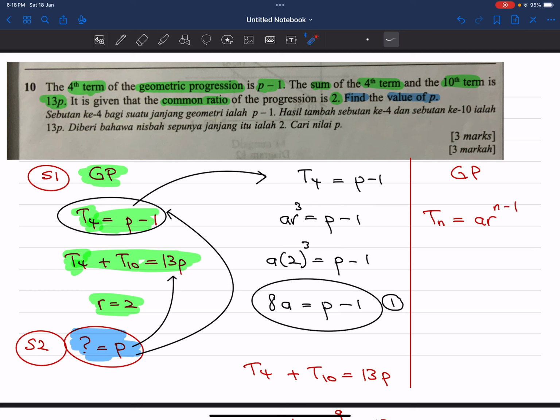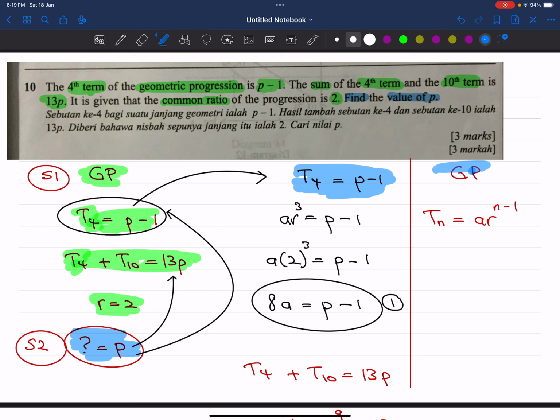And there's another P, T4 plus T10 equals 13P. So I go to the P which is T4, so I already know I must start with T4 equals P minus 1.